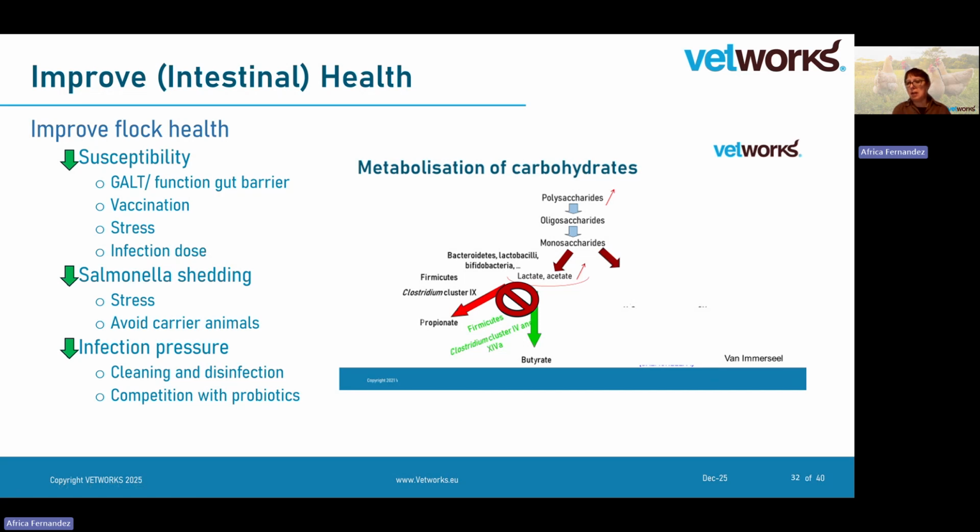So the monosaccharides follow another route in the metabolism and start producing sulfate and other compounds that cause inflammation. In this process, you can see here that Salmonella is very much involved in the development of this poor gut health.